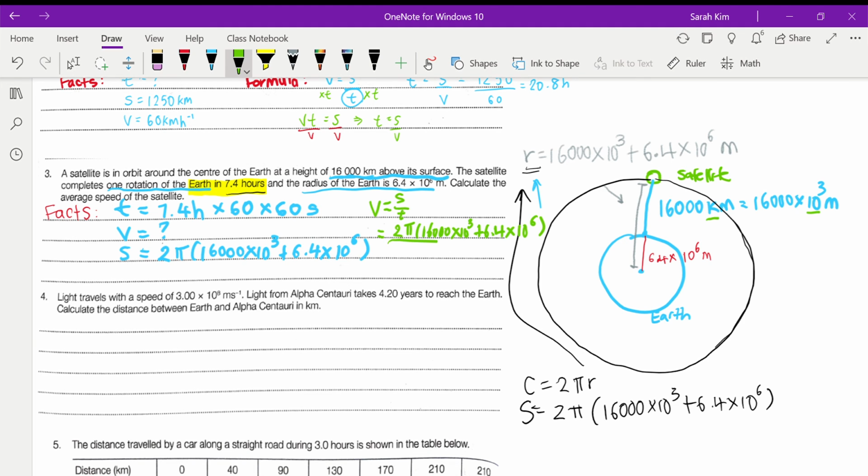My t is 7.4 times 60 times 60, and if you put that in the calculator, making sure you've got all the right numbers there, that should hopefully give you 5.3 times 10 to the power of 3. And because it's speed, it's a velocity, it's going to be meters per second. So hopefully that's the answer you got.